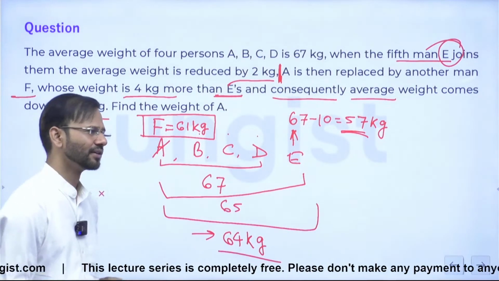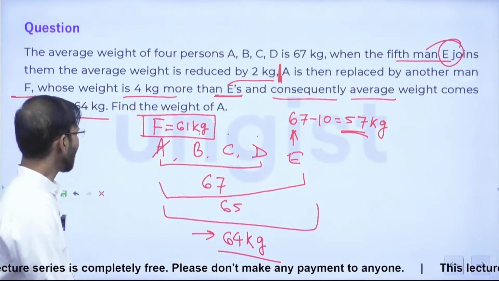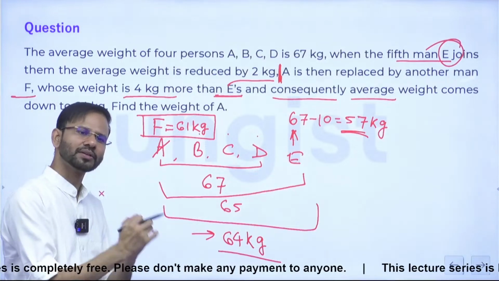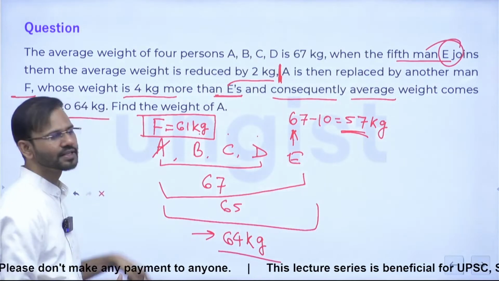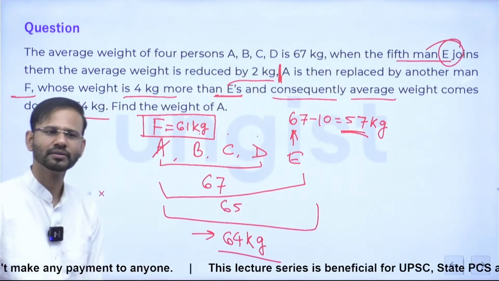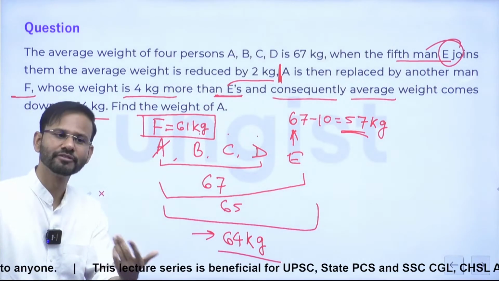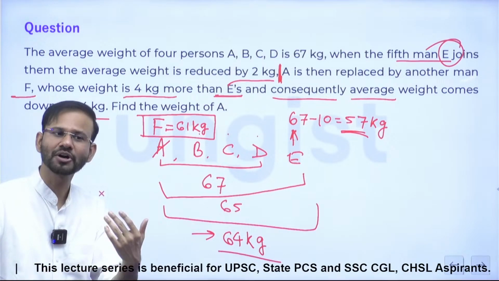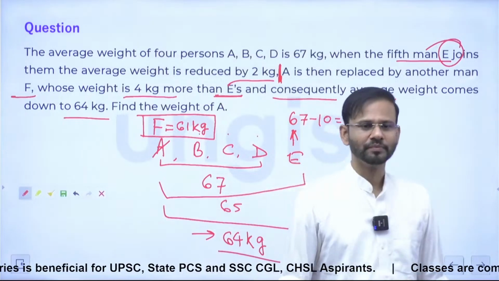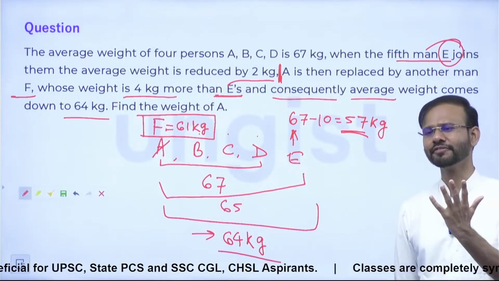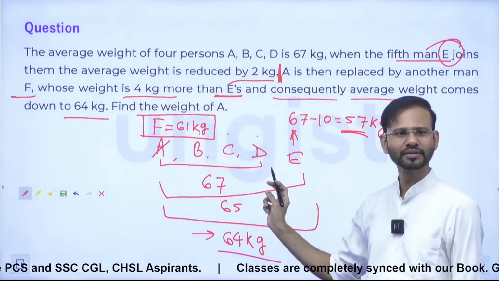Everybody just think on it. Due to this interchange, the average of the entire group reduced by what? 1 kg. It means this interchange is contributing what to the group? Deficit of 5, because minus 1, minus 1, minus 1, minus 1, minus 1.